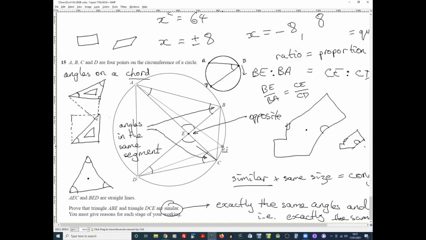And similarly here, we've got an infinite number of angles along this curve, haven't we? And they're all equal to each other. But these are all angles on what chord?